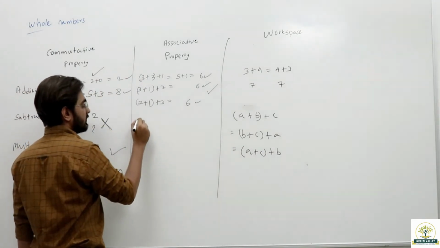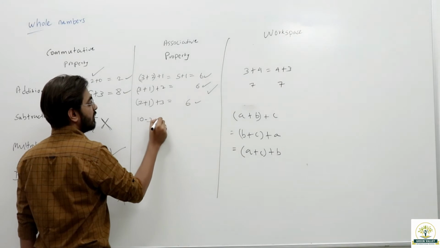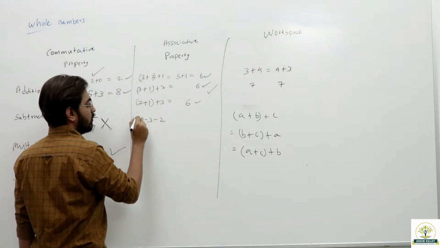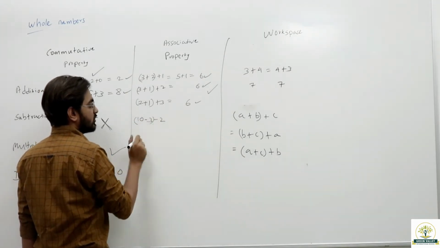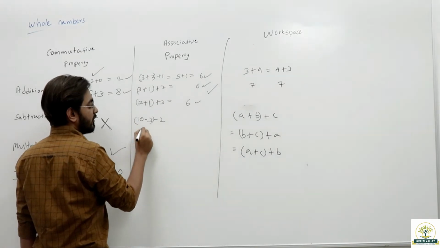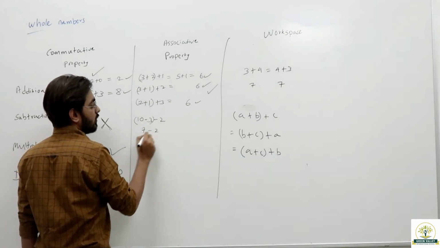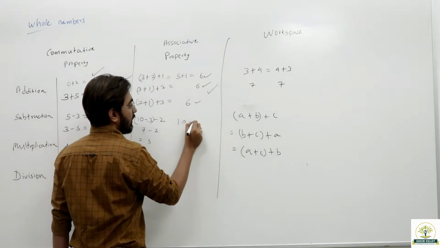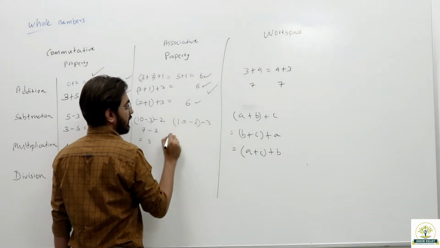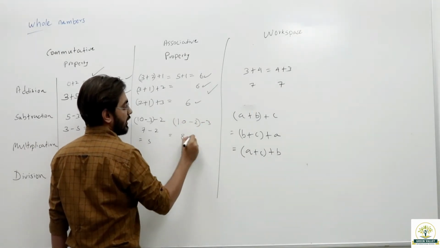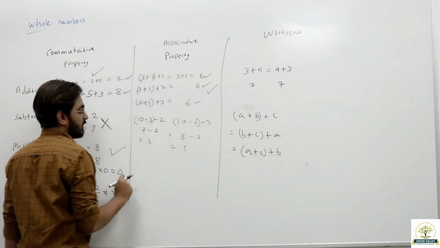Now let us check subtraction. It won't follow, obviously. You know that 10 minus 3 minus 2. If I do 10 minus 3 minus 2, that is 10 minus 3 gives you 7, minus 2 is equal to 5. If I do 10 minus 2 minus 3, again 8 minus 3 is 5. But sir, answers are same.